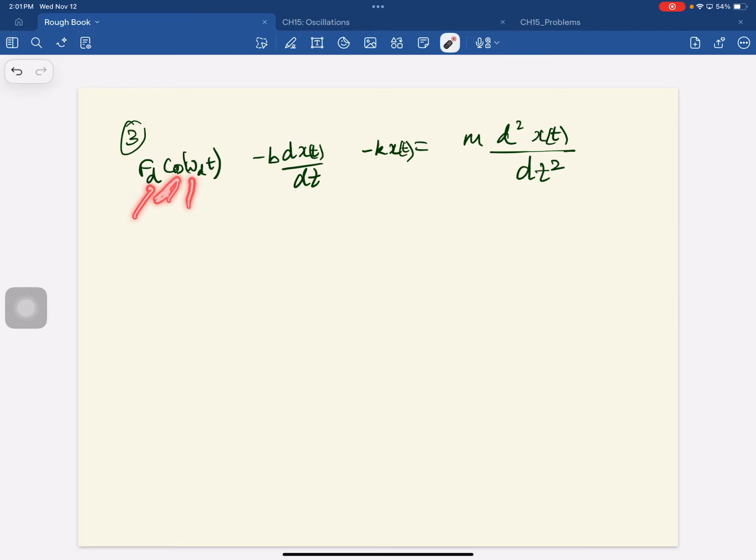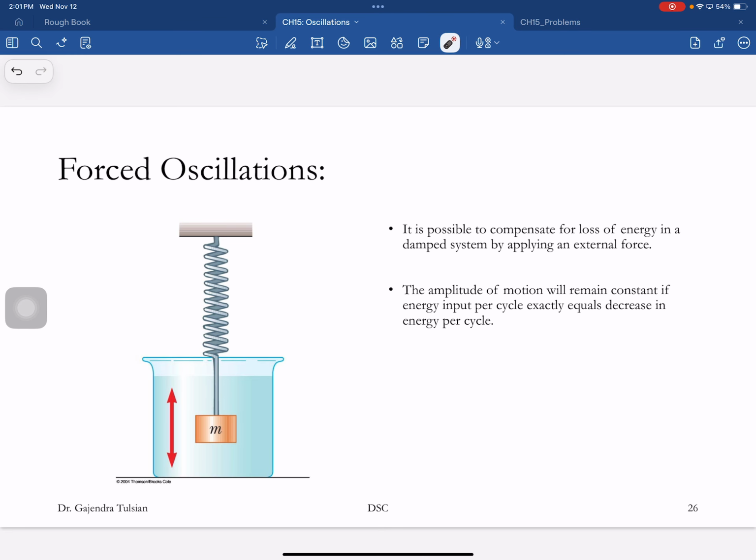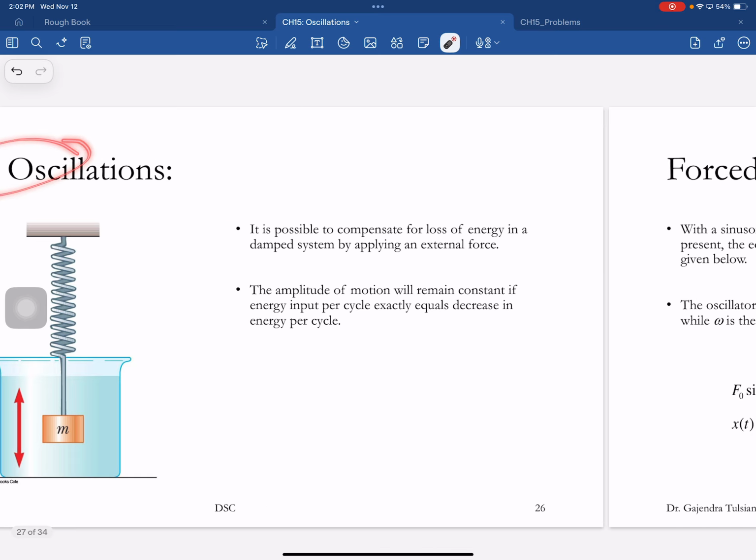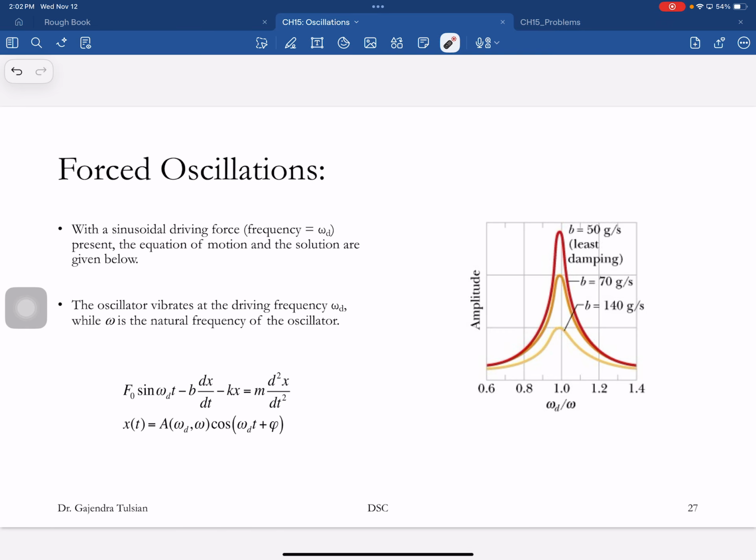So this will be the driving force we'll add. That's the third kind of system: forced oscillations. There's the driving force, there is the friction force, there is the spring force, and there is your mass times acceleration.